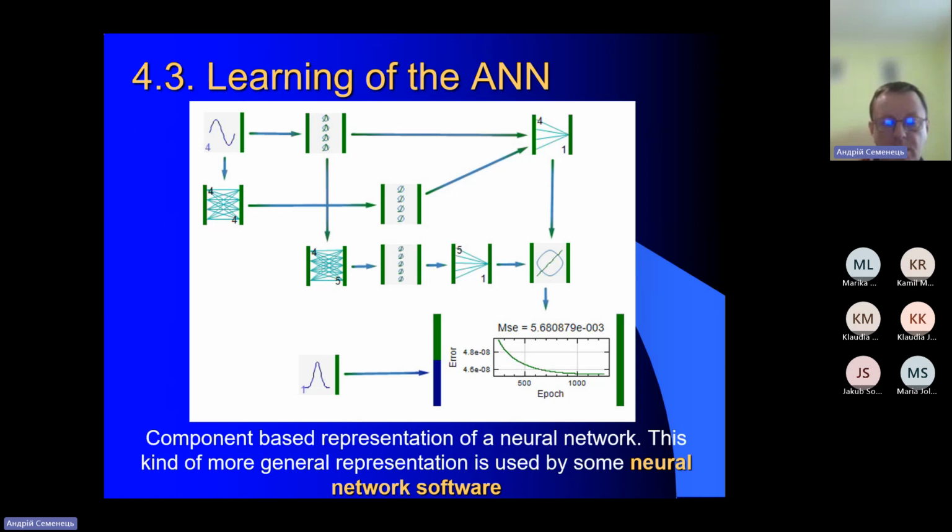And here we have a kind of block representation of network software. It's a more general representation used by some network software, and how we can get this to generate our network.